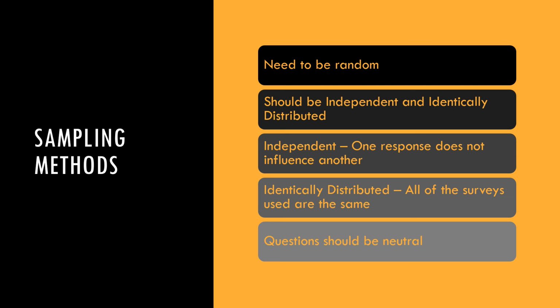So you don't want to include anything like, because something's not illegal, do you think this? Or because research shows that something is harmful to your health, do you believe this? Because that can bias individuals' answers and may change the way that they answer your questions, differently from what they actually believe.